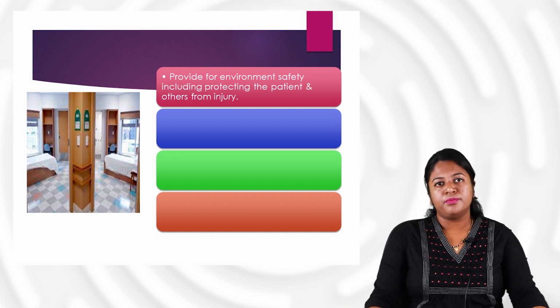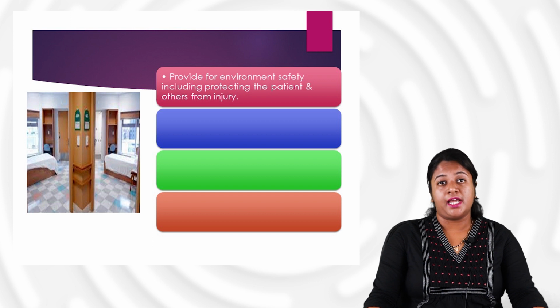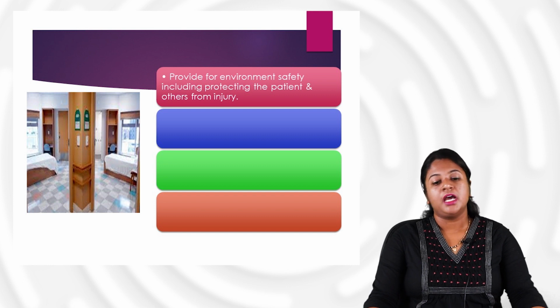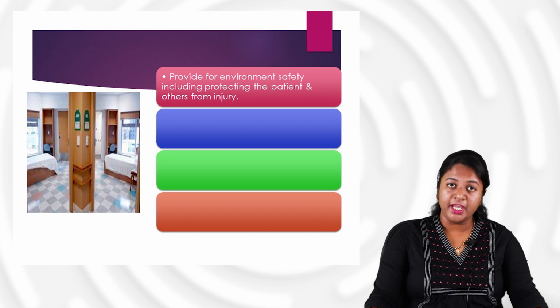So it is very important, as a nurse working in an inpatient psychiatric ward, to protect the client from injuries. We have to keep the environment free from hazardous objects. That is how we maintain the safety of the environment.